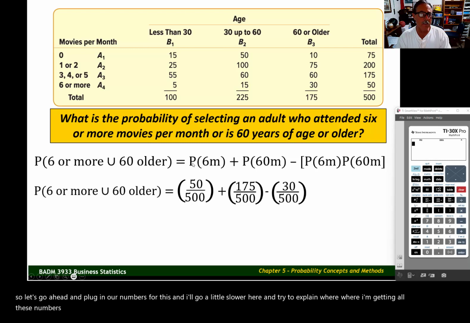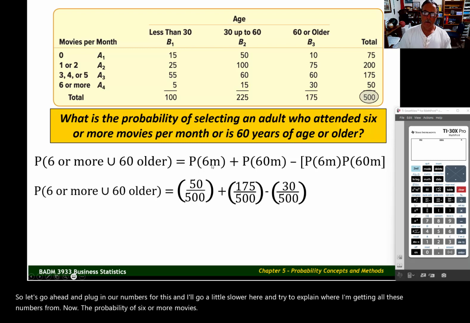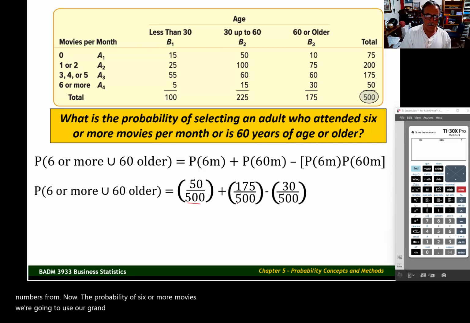Now, the probability of 6 or more movies, we're going to use our grand total in the denominator, 500. Then the numerator is going to be this row total, 6 or more. 50 is going to be in the numerator. 50 divided by 500, or 50 out of 500, is our probability.